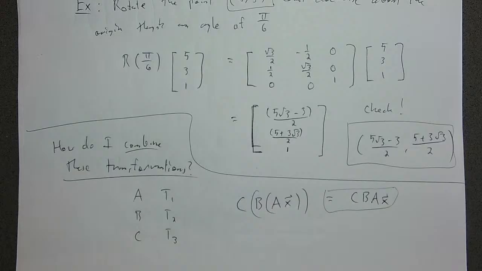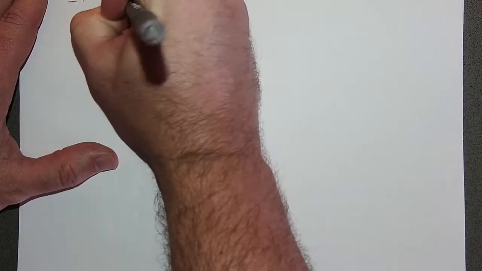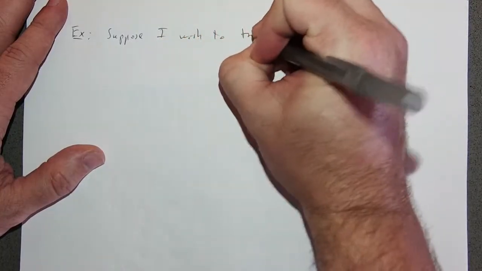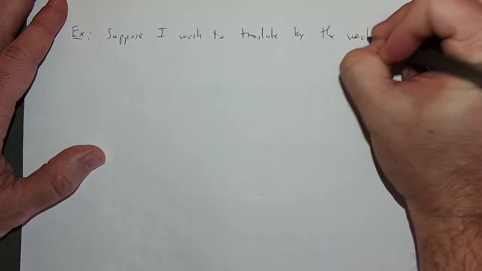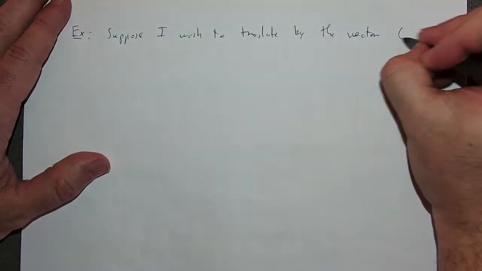This is going to be useful, if you haven't figured out already, in seeing how to rotate, for instance, about other points, points other than the origin. So let's do a quick example. Suppose that I wish to translate by the vector (-2, 7).